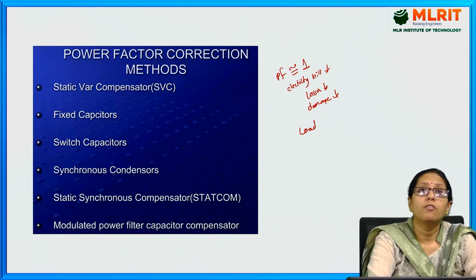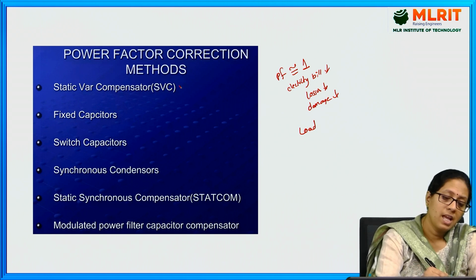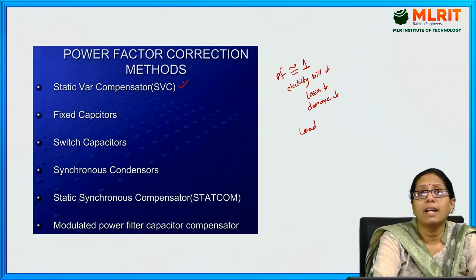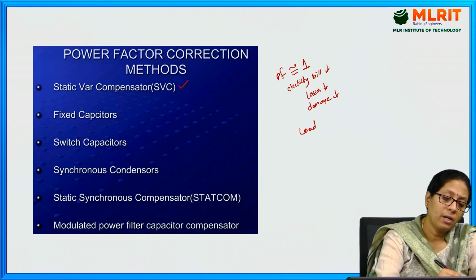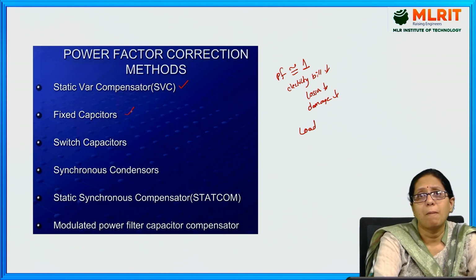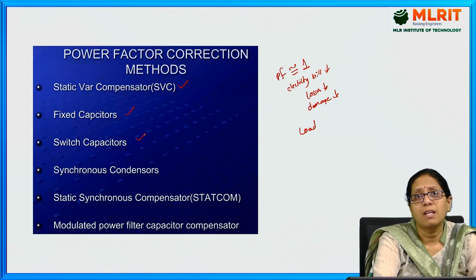So what are the different types of correction methods? The first type is the SVC, that is static var compensator. The second one is fixed capacitors. The third one is switched capacitors.